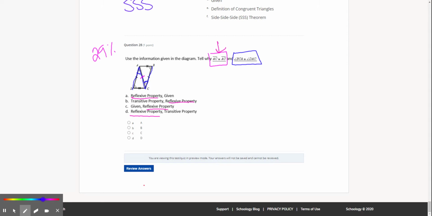Why can I mark BCA and DAC? Because it was given. BCA, it was given.